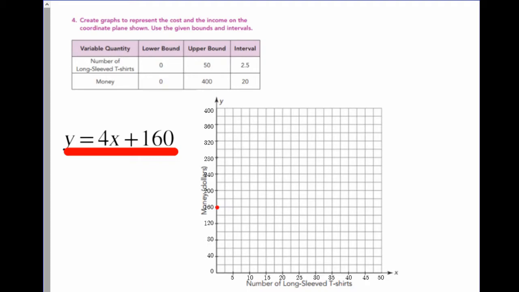So I'm going to put a point there, and I'm also going to put a point at 20 shirts, $240. We already know those points, so we might as well put them on there. Then we connect those dots and extend our line out. Make sure you use a straight edge or a ruler so your line is straight and goes through those 3 points that we plotted.